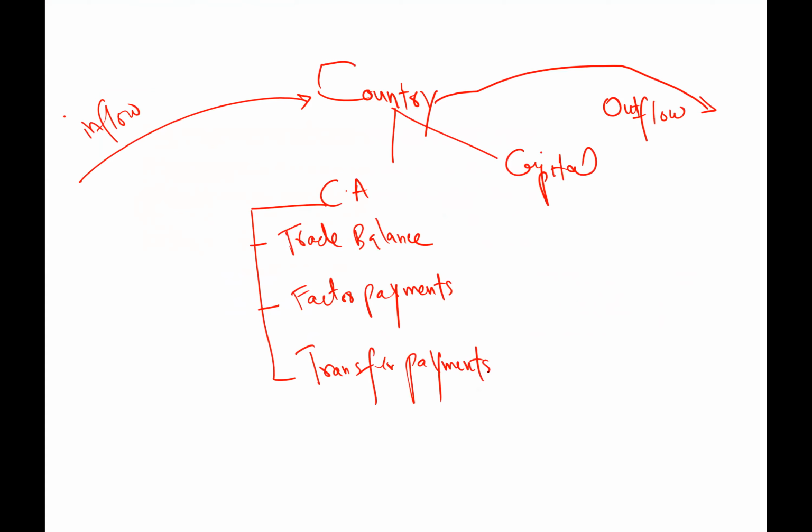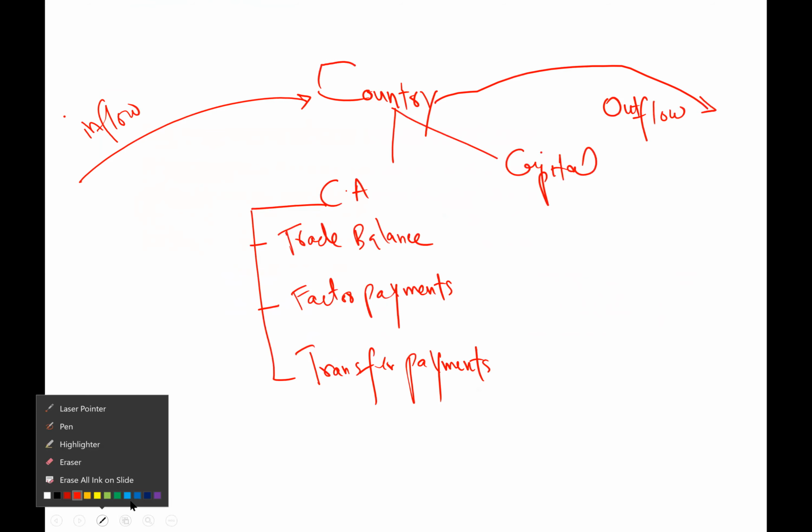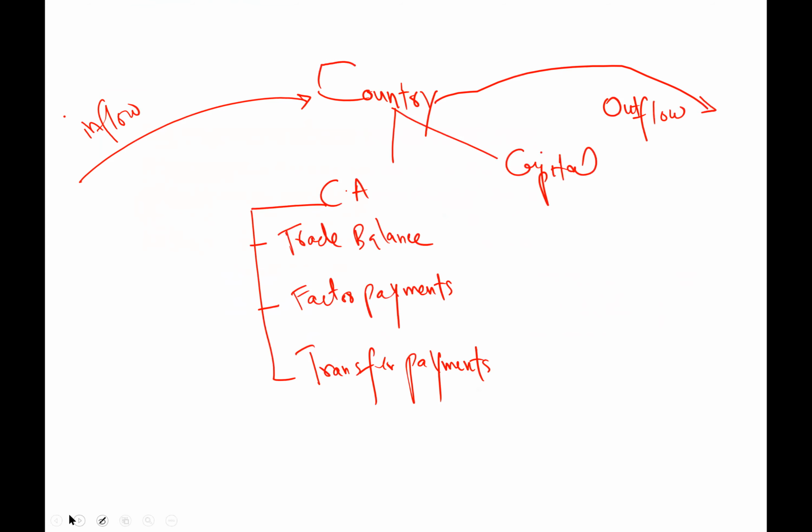Right? So the biggest chunk of this current account is the balance of trade. Because not all the people of the country are investing in foreign countries or saving their money with a foreign country.